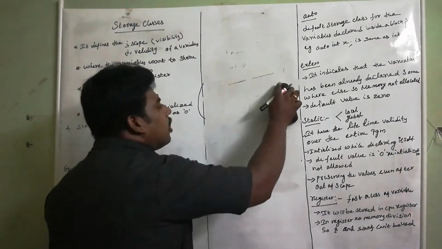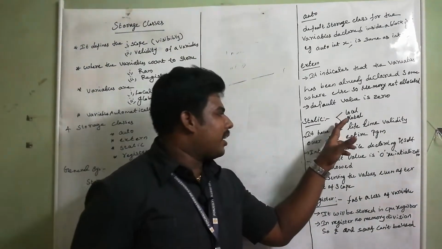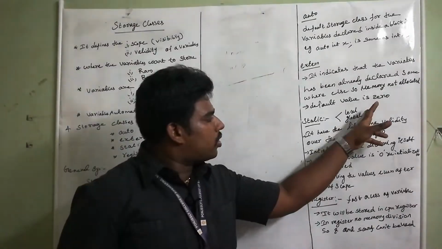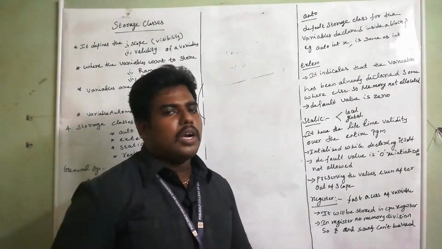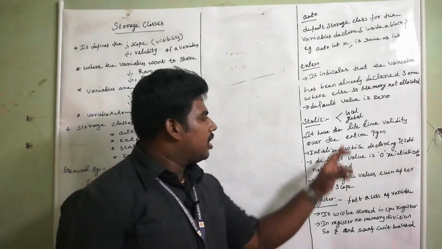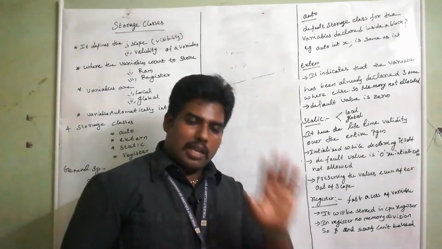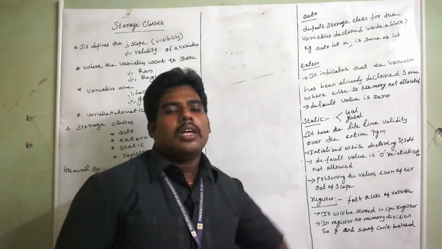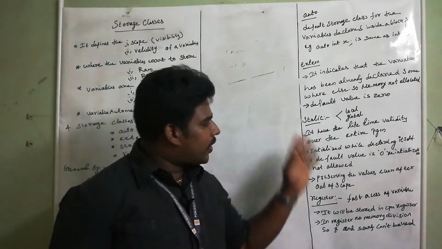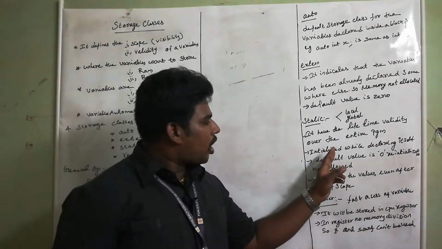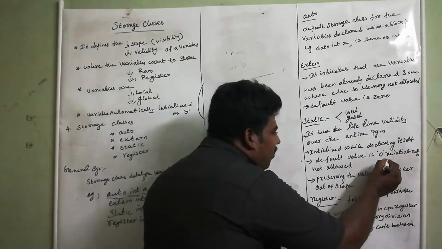A static variable can be declared both global or local. Both places we can declare. The only important thing for static is that it has lifetime validity over the entire program, like your global. It also has the default value 0.